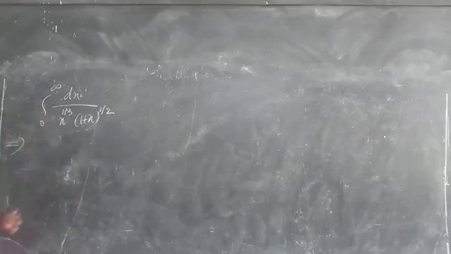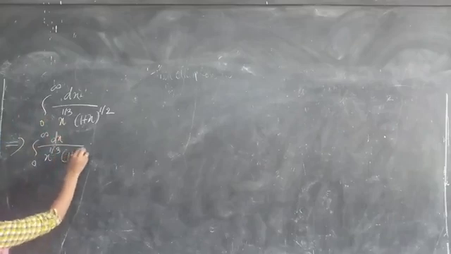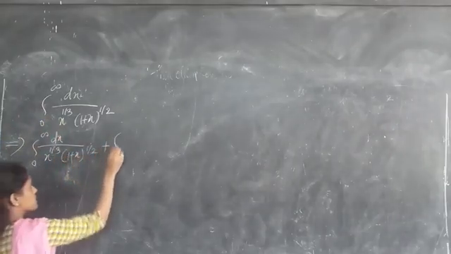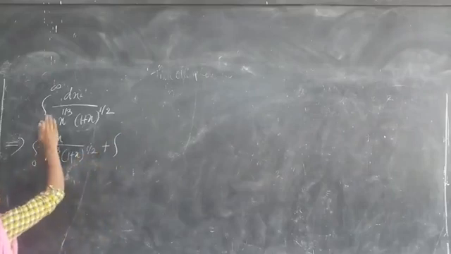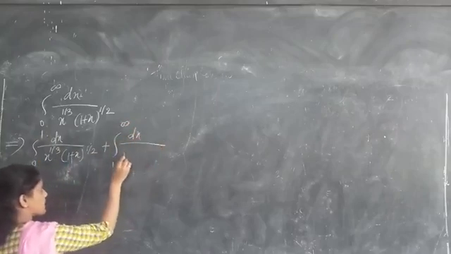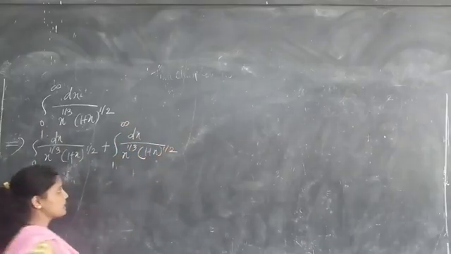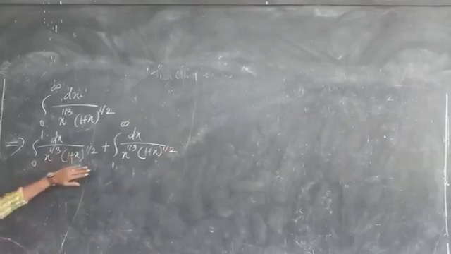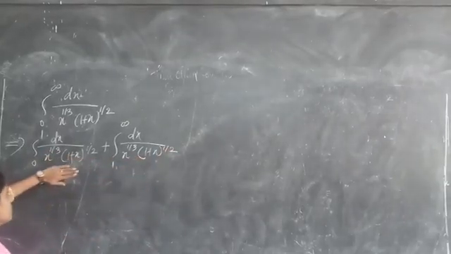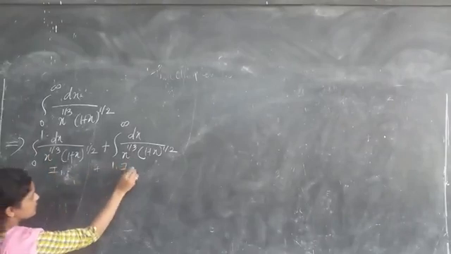So we split the integration: 0 to 1 dx divided by x to the power 1/3 into (1 plus x) to the power 1/2, plus the integral from 1 to infinity of dx divided by x to the power 1/3 into (1 plus x) to the power 1/2. Consider these as the first integral and second integral.